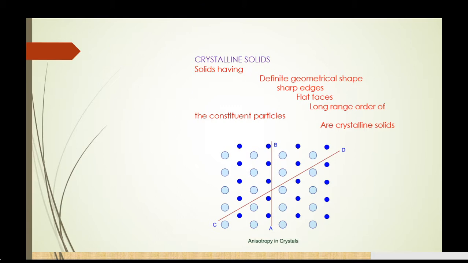Crystalline solids are the true solids. Unlike liquids, amorphous solids have a very slow tendency to flow and are called pseudo-solids or supercooled liquids.